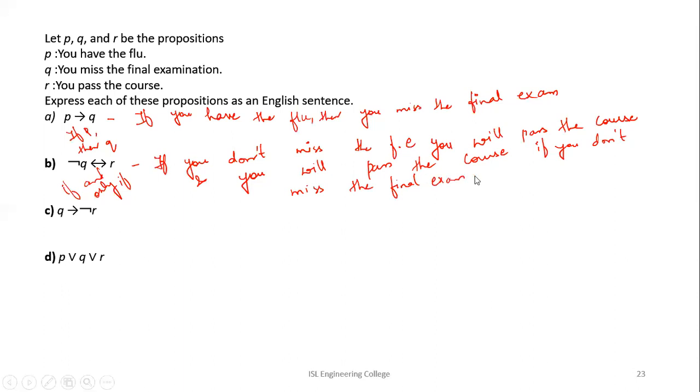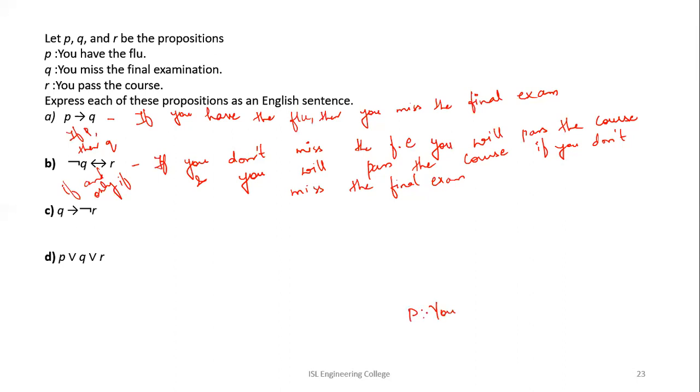Normally if and only if means that both the scenarios hold, so if we are taking two sentences, then both of them should be valid for each other. Let's take another example for if and only if, let me just write it over here so that I can explain it.